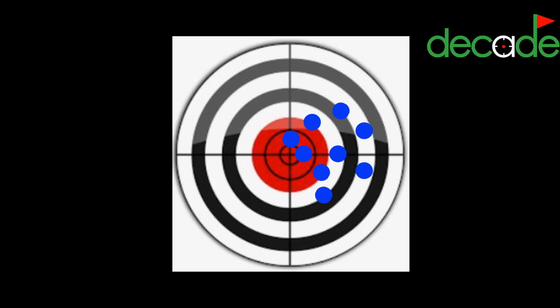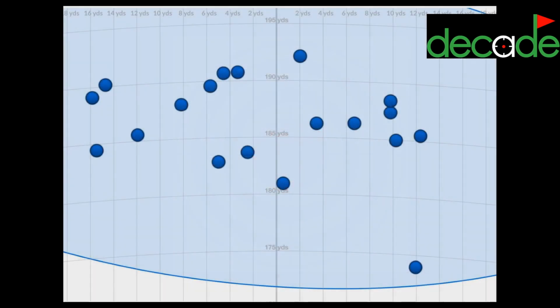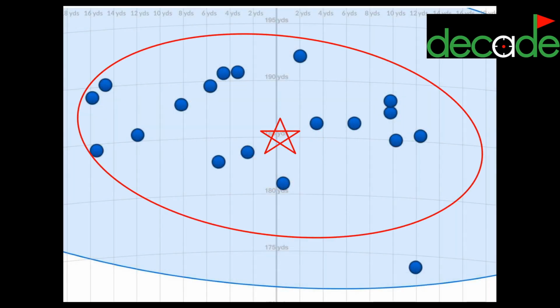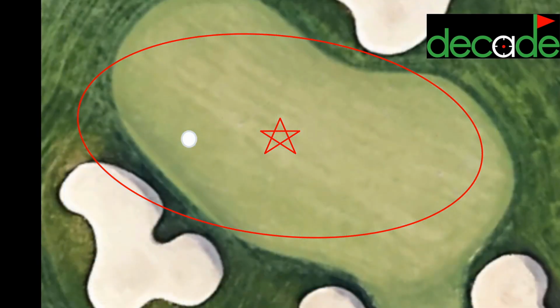I simply need you to be able to center your shot pattern over a target on the driving range, and then on the golf course, once we start giving you targets, to be able to also center your shot pattern over that target.